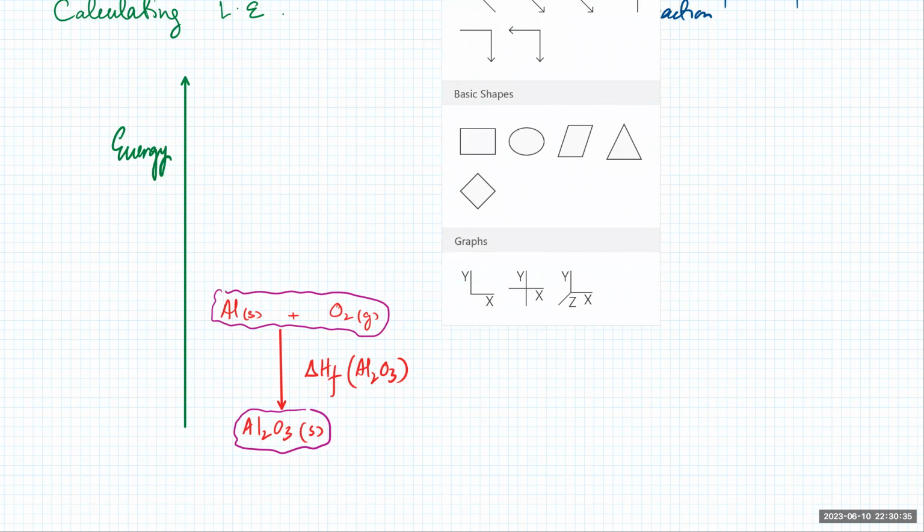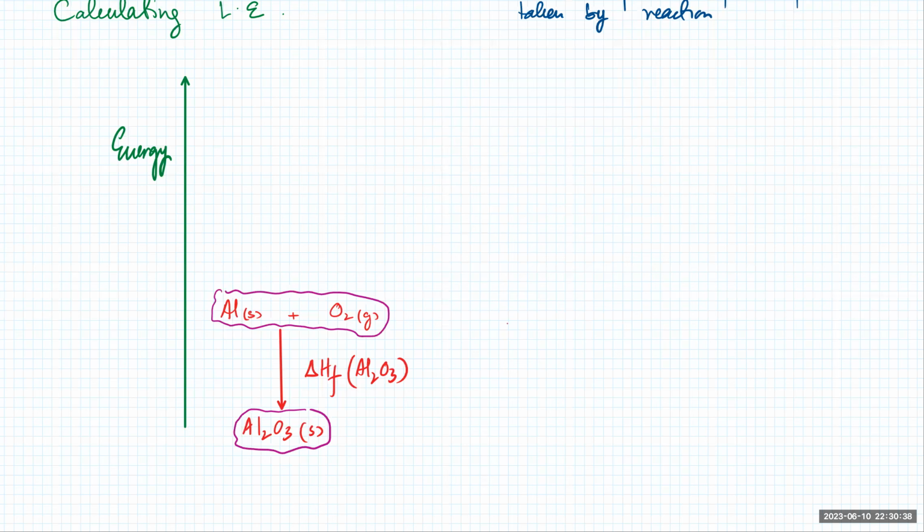You're going to break the bonds that they have. You can do that in one step, or in multiple steps. First, I'm going to atomize the aluminum. O2, I'm going to keep as it is.